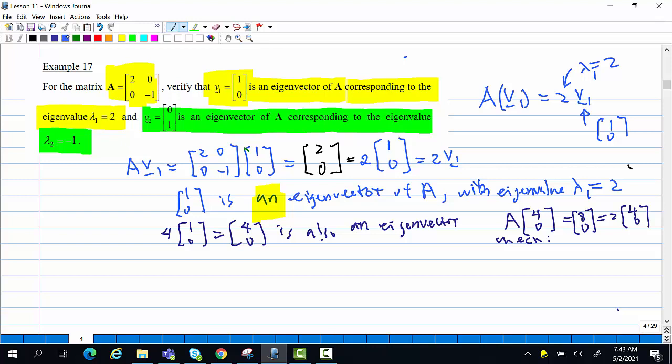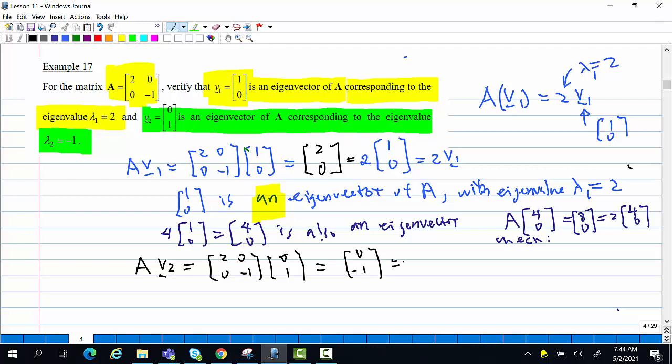A times V2 is equal to the matrix 2, 0, 0, minus 1, times V2, which is 0, 1. You multiply out, you get 2 times 0 plus 0 times 1, you get 0. And then 0 times 0 minus 1 times 1, you get minus 1.